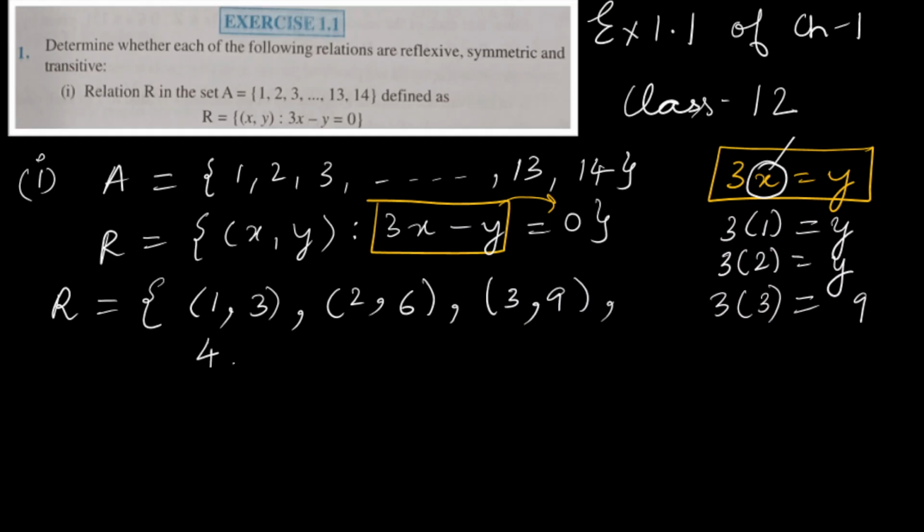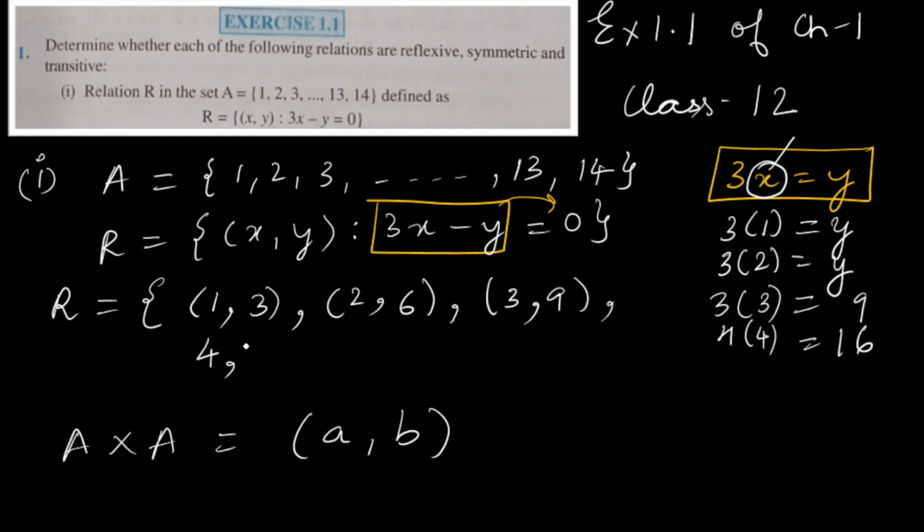If x is 4, then 4 into 3 is 12. So here we will get the ordered pair (4, 12). Remember, A cross A means that when I am writing the ordered pair, the first element should be present in set A, and the second element should also be present in set A.